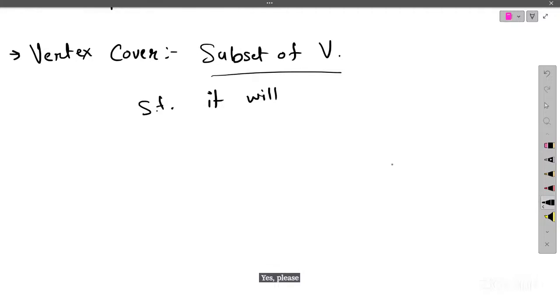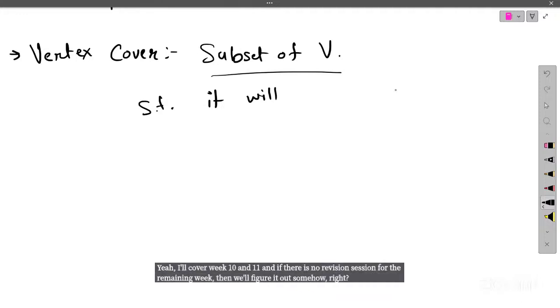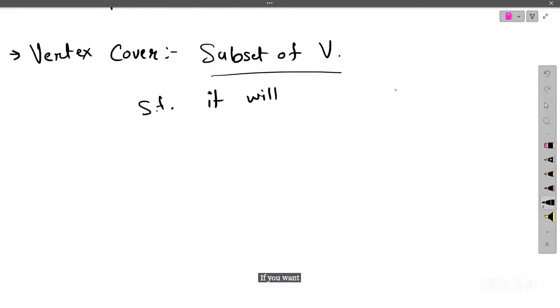Ma'am, in the calendar, tomorrow there is a revision session from week 5 to week 9. Ma'am, please start with week 10. Yeah, I'll cover week 10 and 11, and if there is no revision session for the remaining weeks, then we'll figure something out, right? Ma'am, if you don't mind, you can start from week 9.